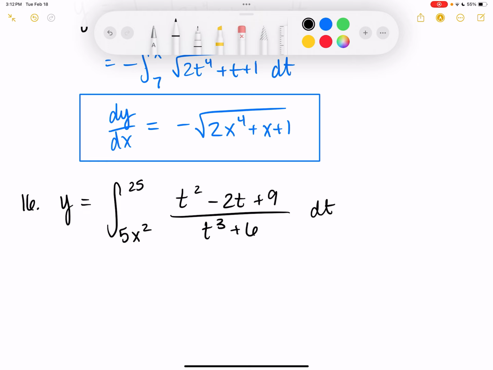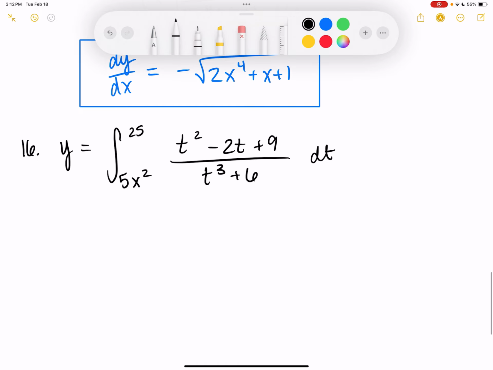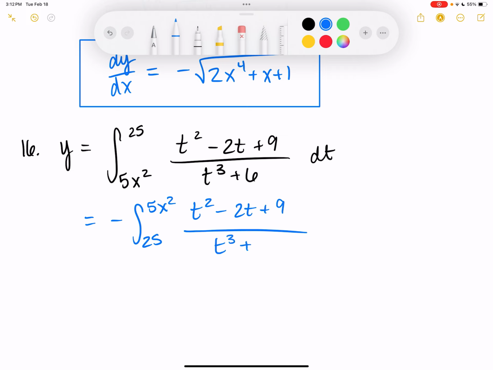So what's the first problem? We have to make it negative because of the limits. So this is going to become negative integral from 25 to 5x squared of (t squared minus 2t plus 9) over (t cubed plus 6) dt.